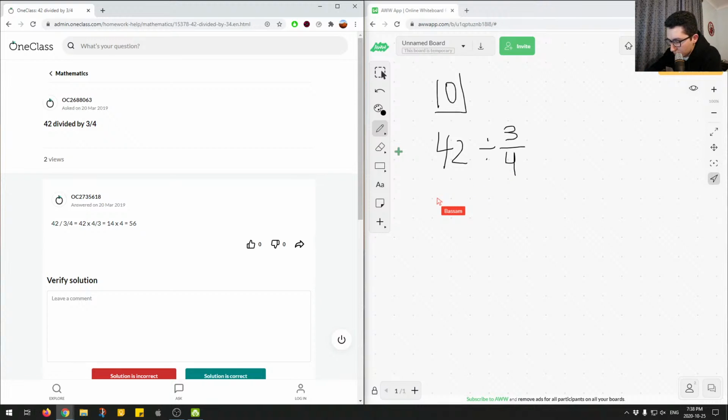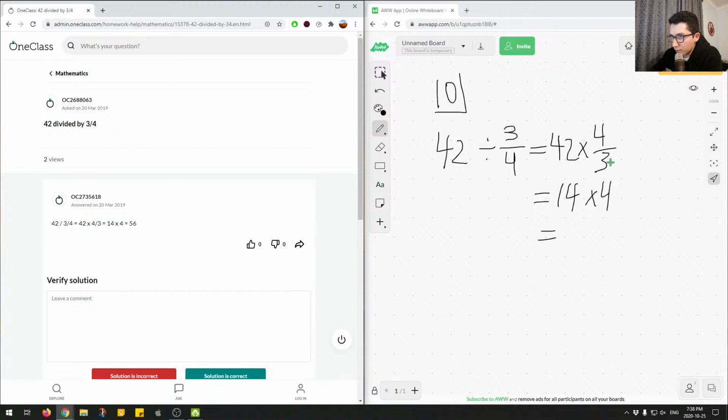So this is equivalent to saying 42 times 4 over 3. And then this is a little easier to calculate. We know 42 divided by 3 is 14, multiplied by 4, which is what was left up here.